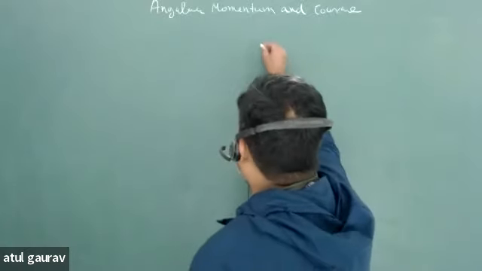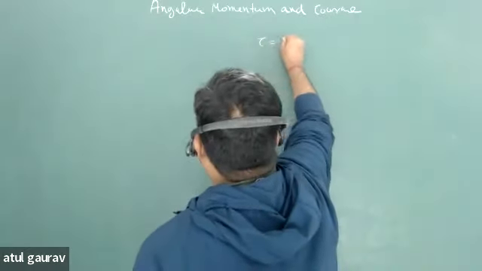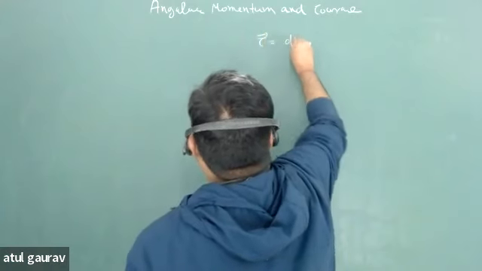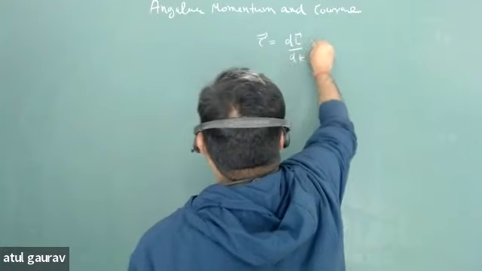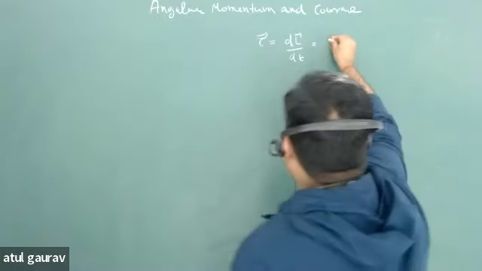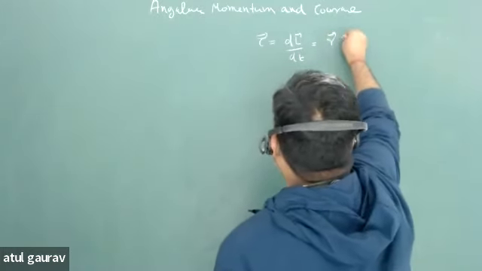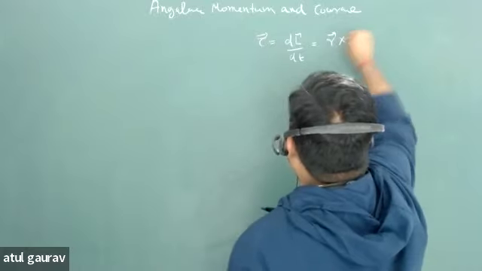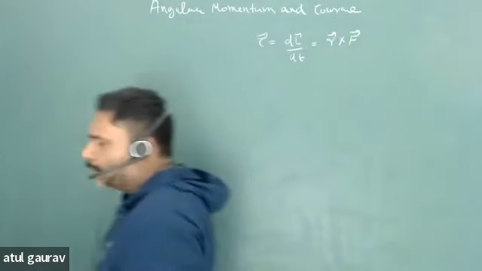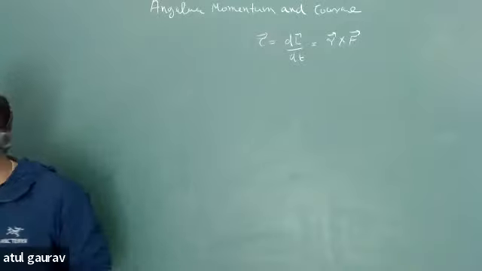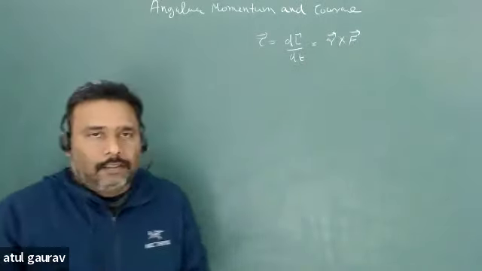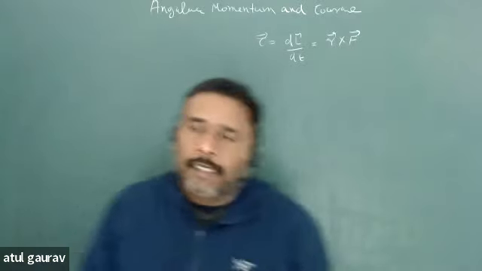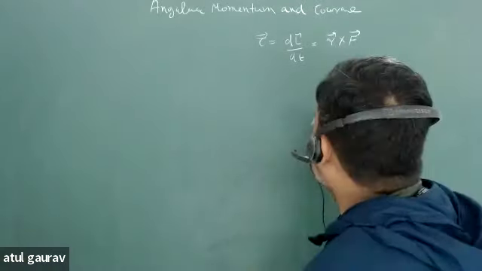So what is torque? The definition of torque is dL upon dt, and this is equivalent to R cross F. R cross F, where F is the force, will be the torque.